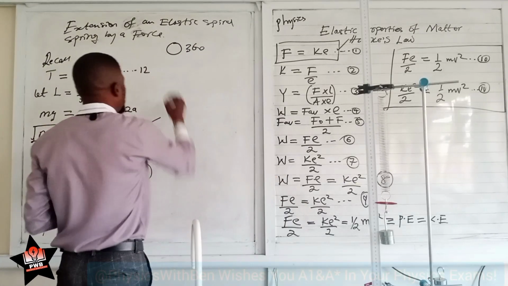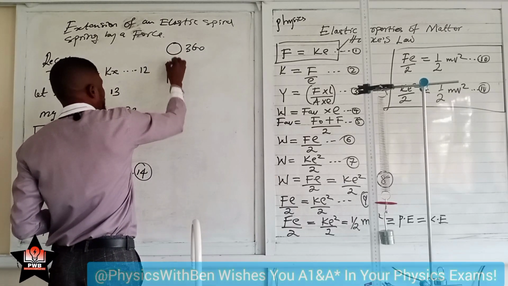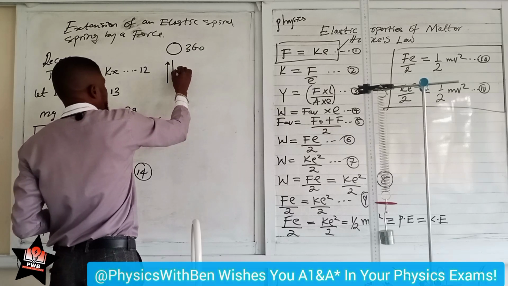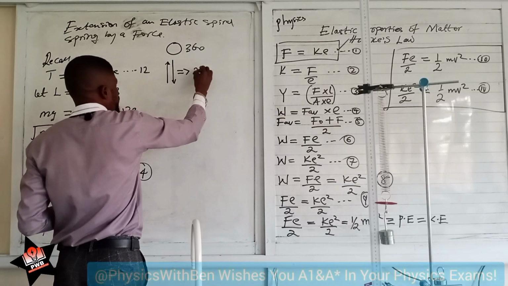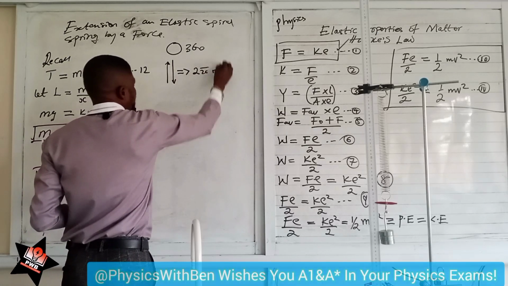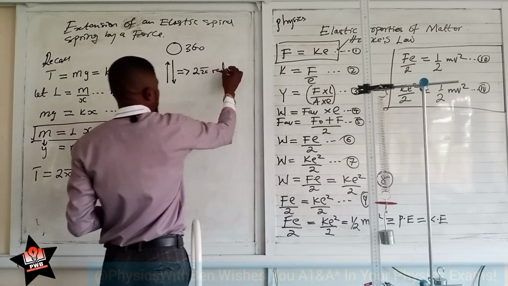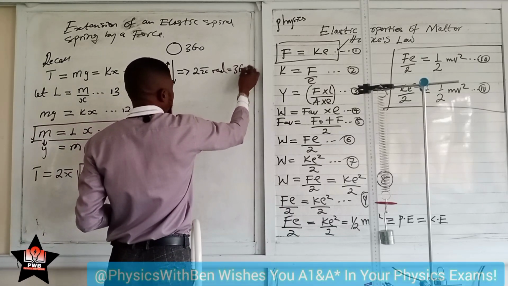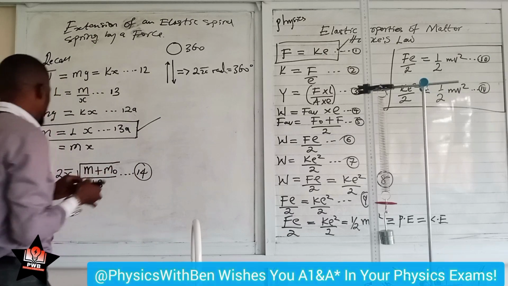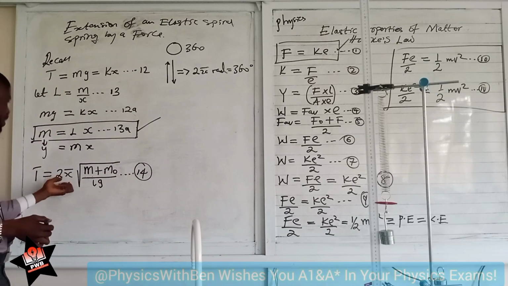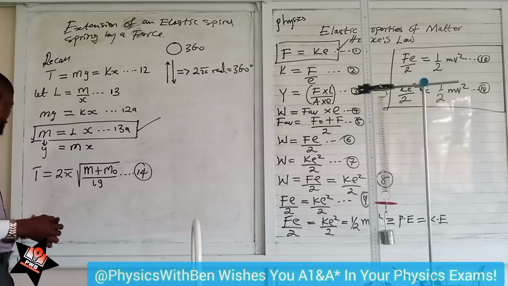So when the spring goes up and comes down, this is equivalent to 2 pi in radians, and this is equal to 360 degrees. That is the meaning of the 2 pi on the board here.